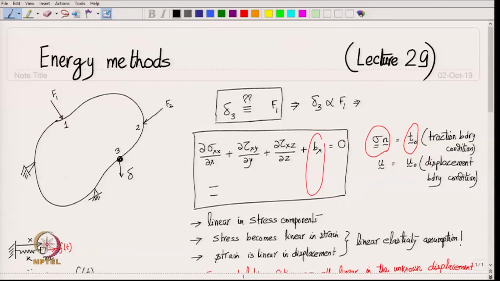Now, since it is proportional, there will be a proportionality constant, right. So, we could say that delta 3 is equal to a constant k 3 1 into F 1. So, k 3 1 is the proportionality constant, which is also called influence coefficient.